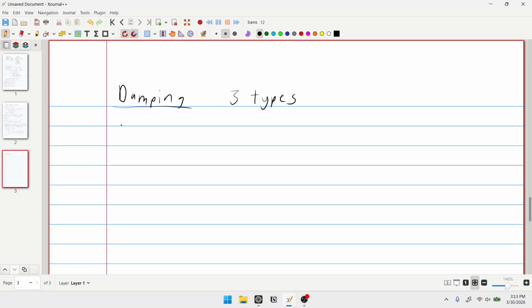We have underdamped, critically damped, and overdamped. Okay?